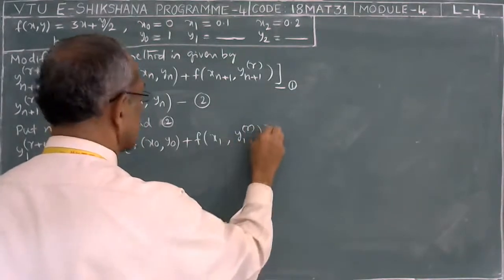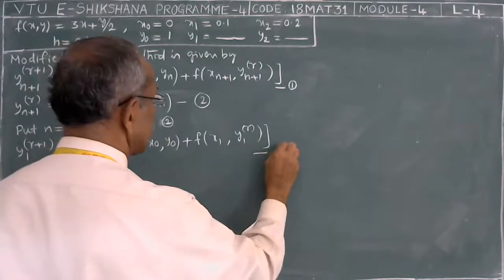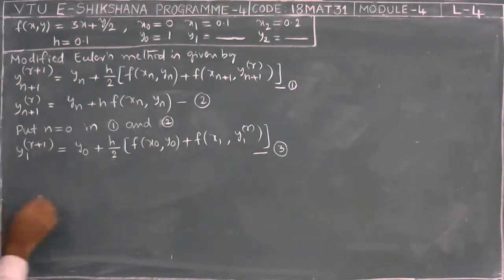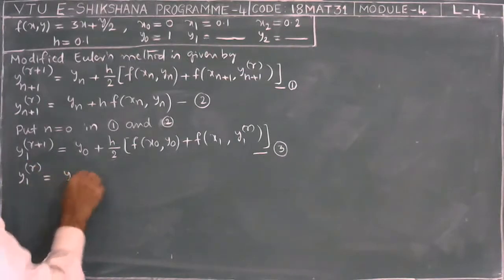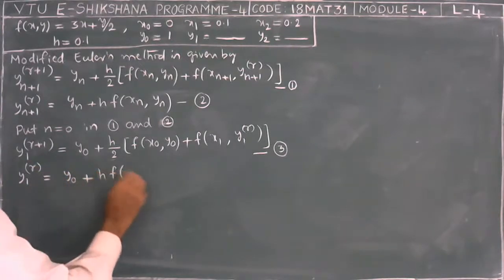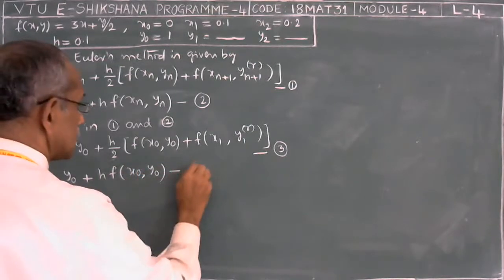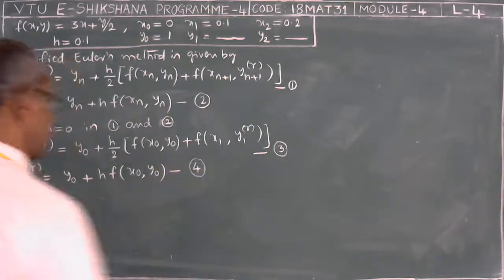Close the bracket. Call this equation number 3. So 2 becomes y1 r is equal to y0 plus h into f of x0 comma y0. Call this equation number 4.